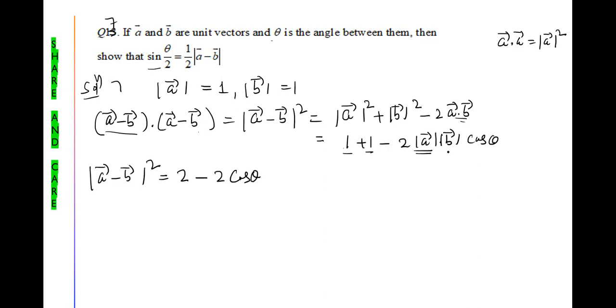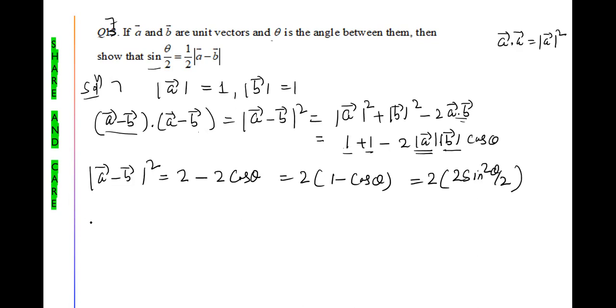Because magnitude of A is 1, magnitude of B is 1. So here we are getting this is equal to twice of (1 minus cos theta), that is equal to twice of 2 sine square theta by 2.